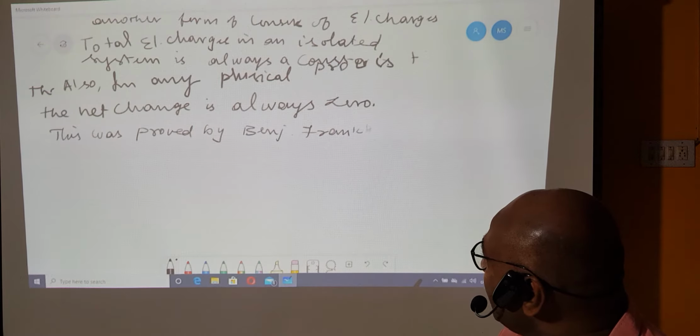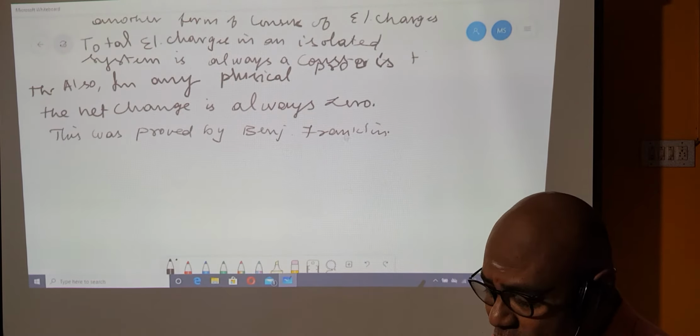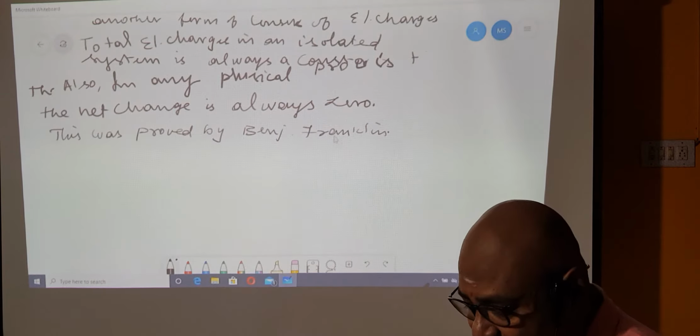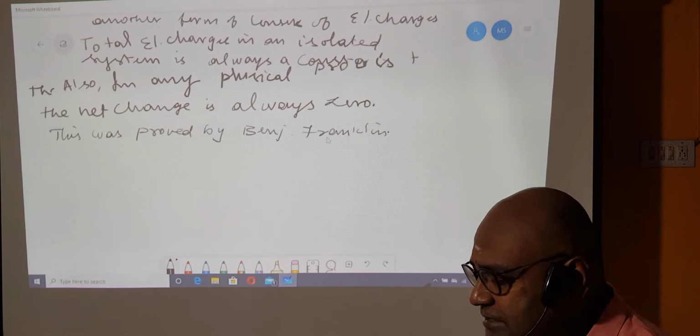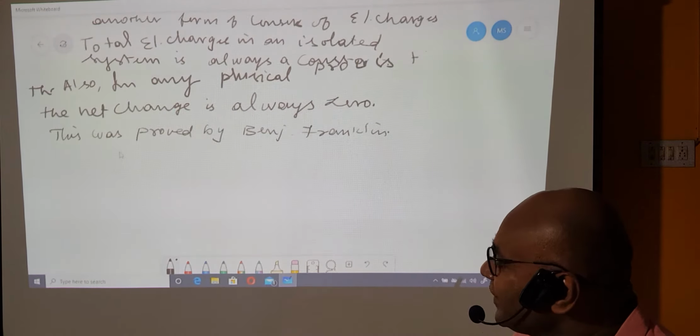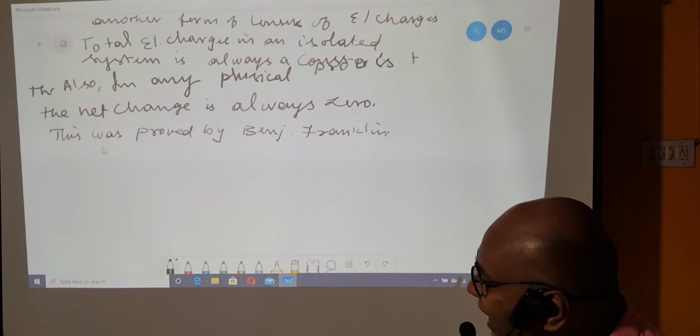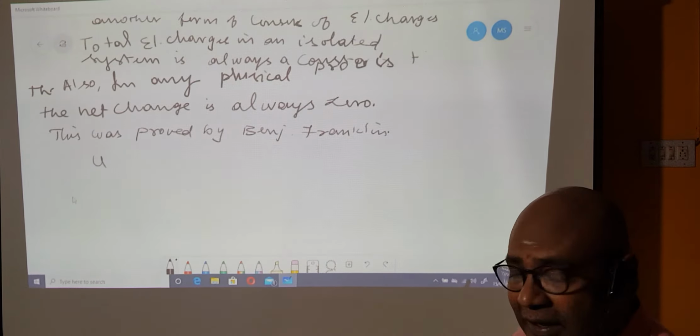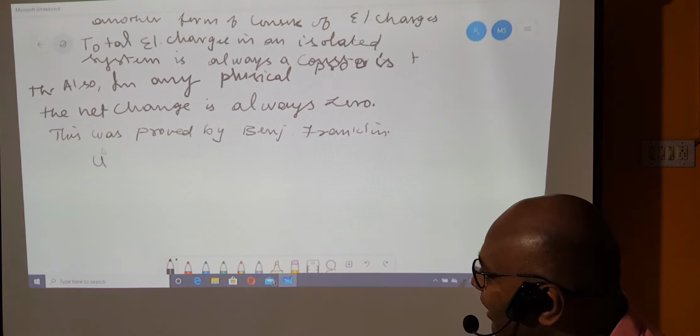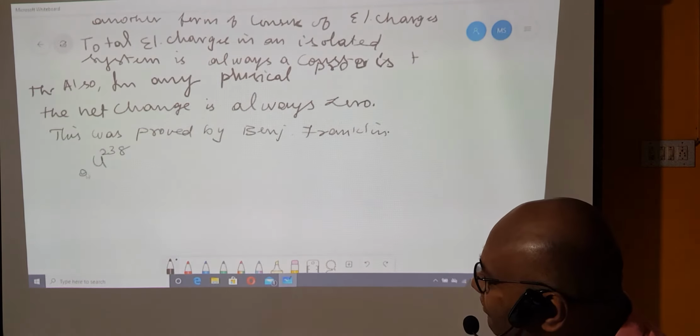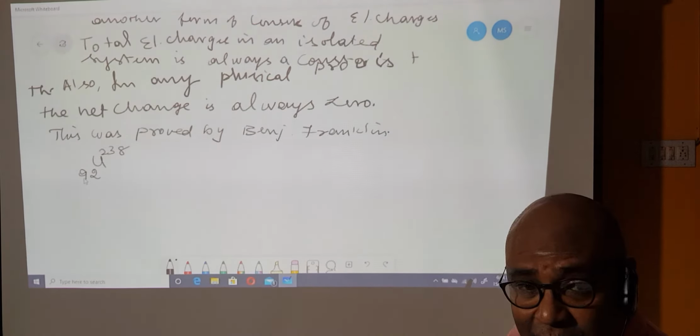Moreover, I can state many other examples. What are the other examples? I can consider an atom. Consider uranium having mass number 238 and atomic number 92.